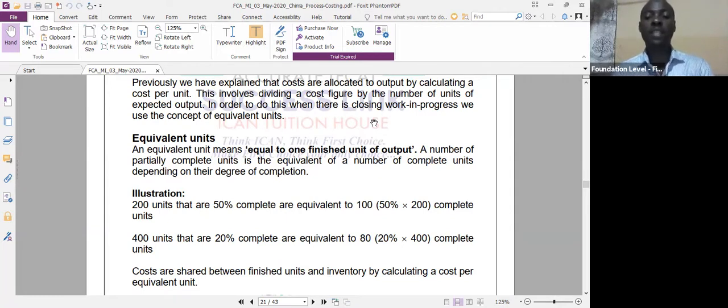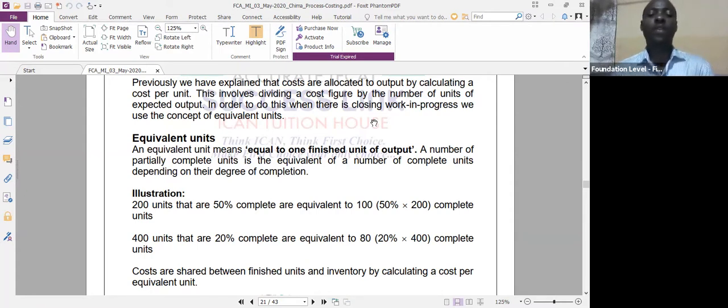So what we are saying is, how many unfinished products, unfinished work in progress can we equate to one unit of finished products? That means we have to consider their degree of completion. So whenever we are talking about work in progress, we need to put their degree of completion.